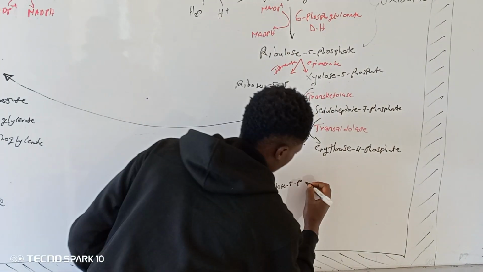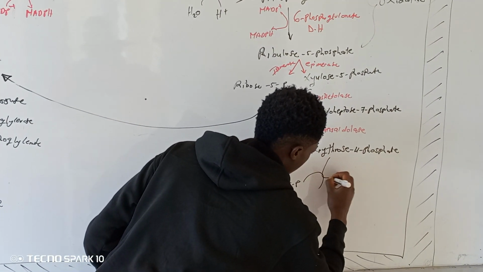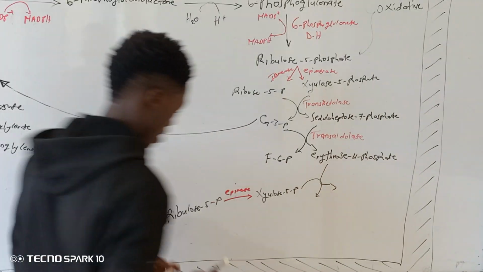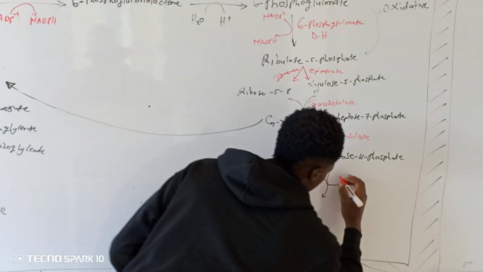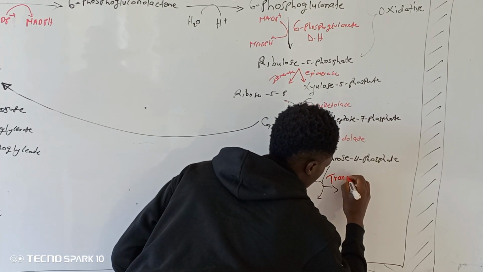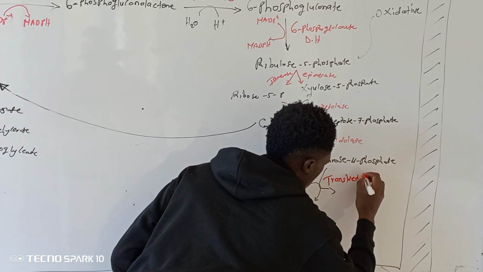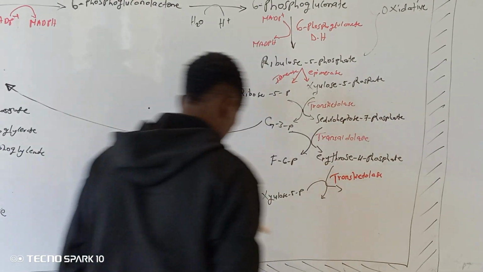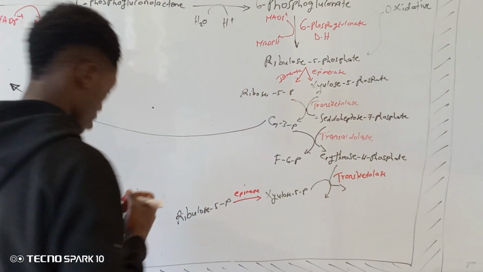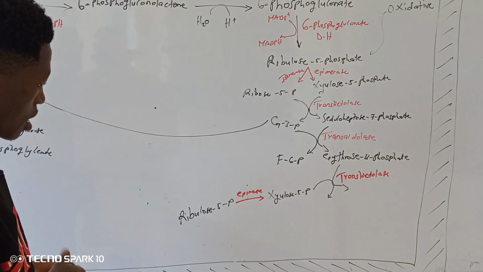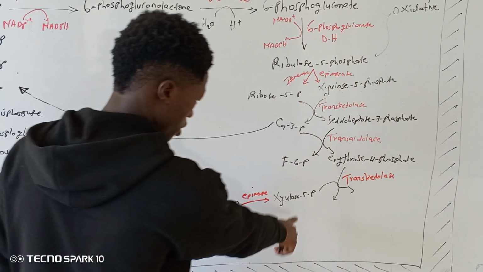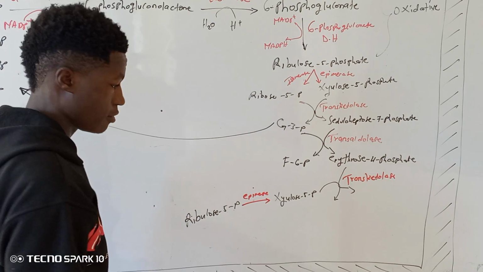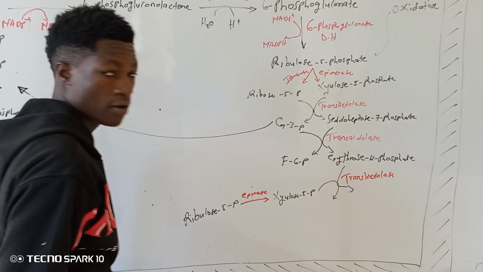Now let's go down. This is done in the presence of an enzyme called transketolase. This enzyme is going to take 2 carbons from xylulose 5-phosphate and add it to erythrose 4-phosphate.